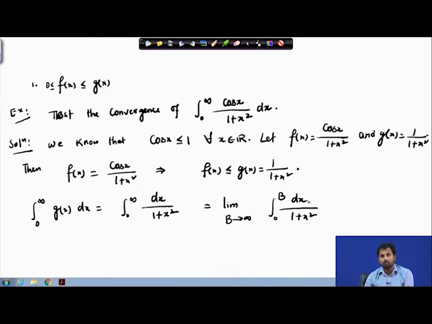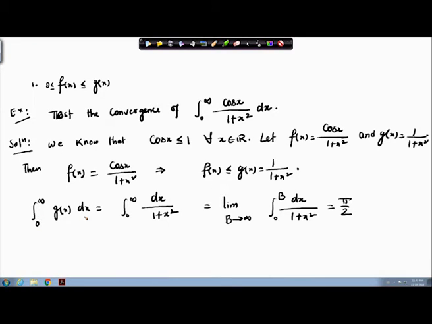We have just worked out an example like this in our previous class on improper integrals. This is basically tan inverse x, and when b tends to infinity, this whole thing will go to pi by 2. So, that means the integral from 0 to infinity g x dx is convergent, converging to pi by 2, and it is also dominating the function f x.